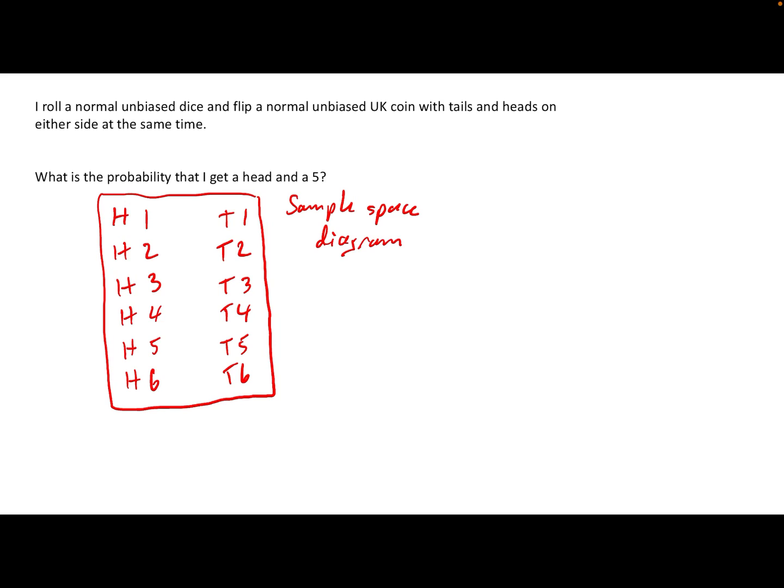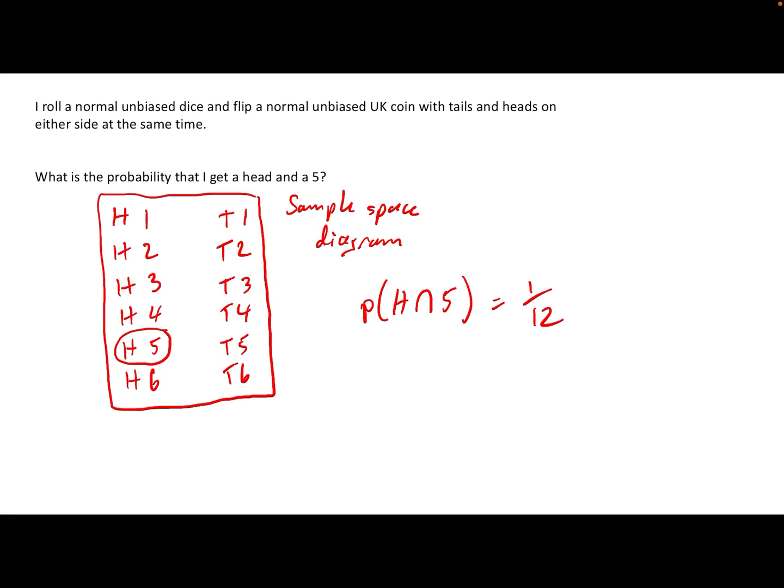Now all I need to do is work out the probability of getting a head and a 5. You'll notice there's only one head and 5 out of 12 things that could possibly happen. So the probability of getting a head and a 5 is equal to 1 out of 12.